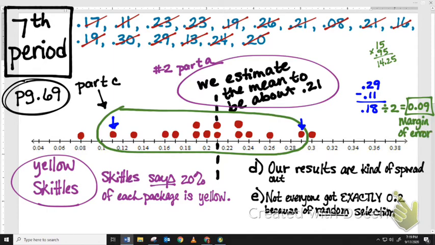Margin of error. That goes with part B on number 2. We have our high value and our low value. Our high value was 0.29 and our low value was the 0.11.